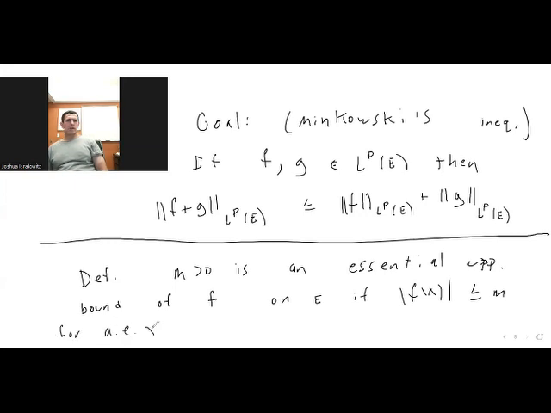Well, not surprising. We don't really care about all of E. We just want almost every. We want this inequality to be true for almost every x in E. Okay.